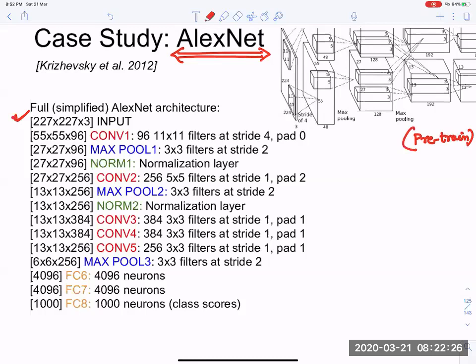Sir, to apply AlexNet, we have to transform our input to 227 by 227 by 3, right? Yes, that is correct. Then only it will take input; otherwise, you will not be able to give the input. Sometimes you will have to interpolate or extrapolate your image to 227 by 227. Sometimes you zero pad your image.